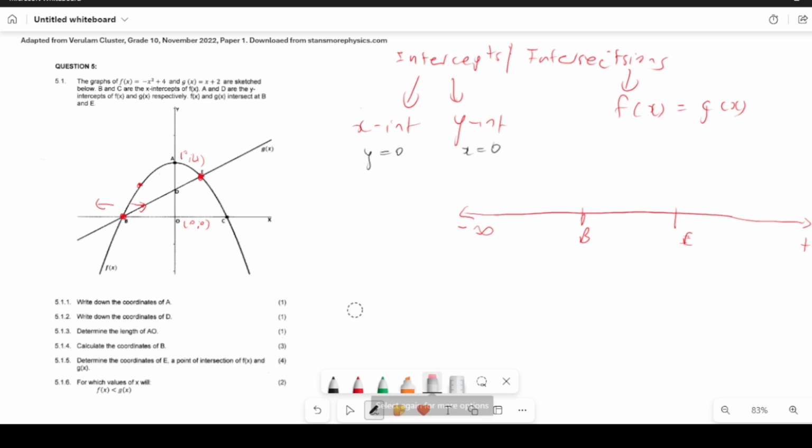So they're asking us, give me a set of x values that when I input it into the f of x function, and I input that same value into the g of x function, so the line graph, I output a y value of the g of x graph that is greater than the f of x graph.